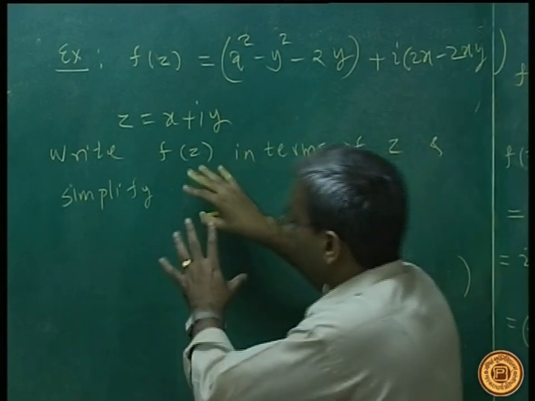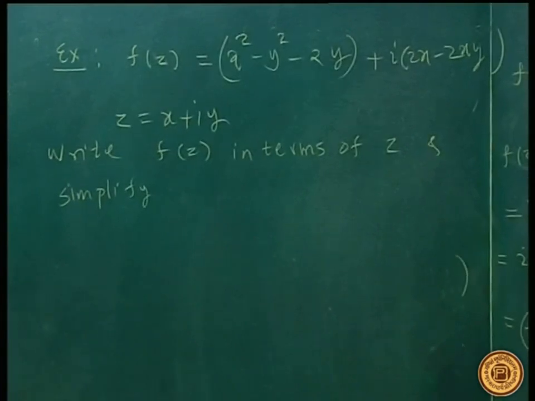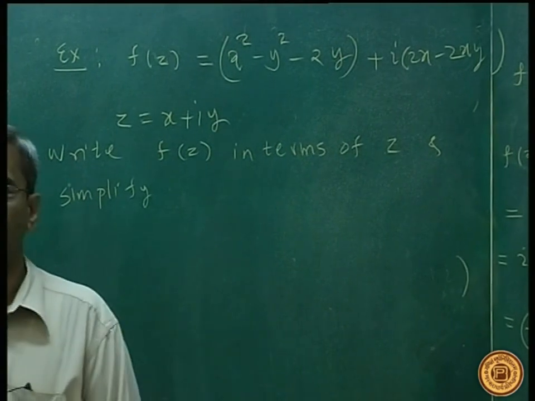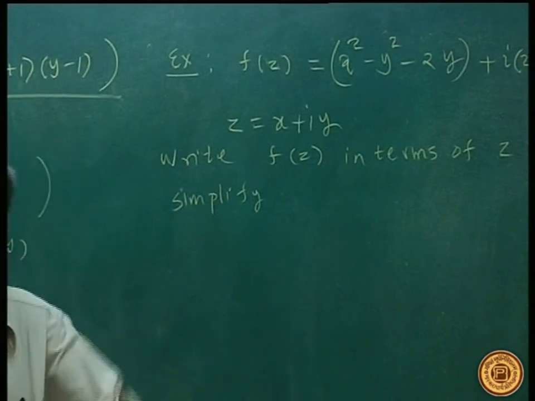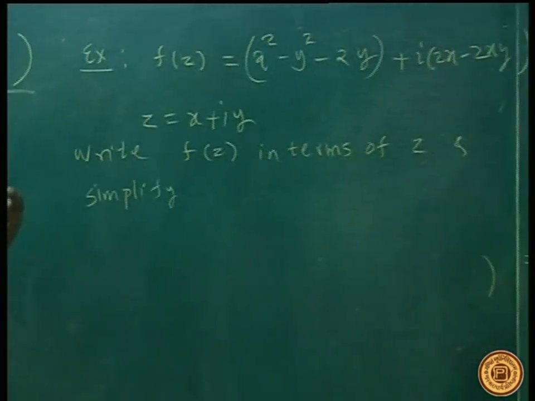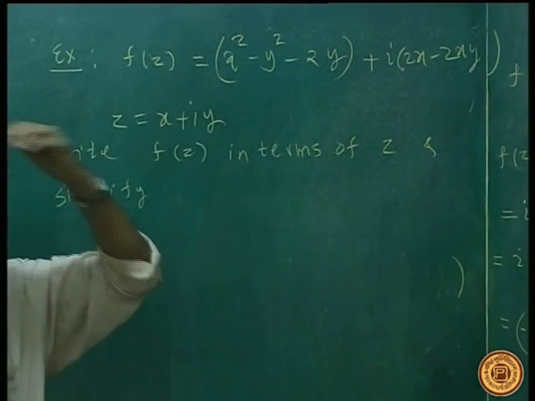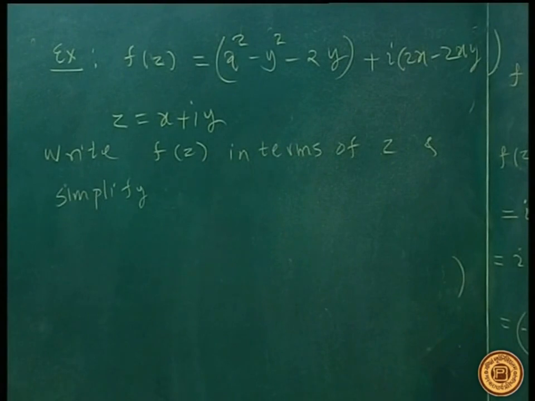But we want a complex expression, that is, an expression in terms of z. So we want f(z) now. How to do that? How to find f(z)? So u(x,y), v(x,y) are given. How will you recover the symbol z, where z is x plus iy? Here we have it in terms of x and y.